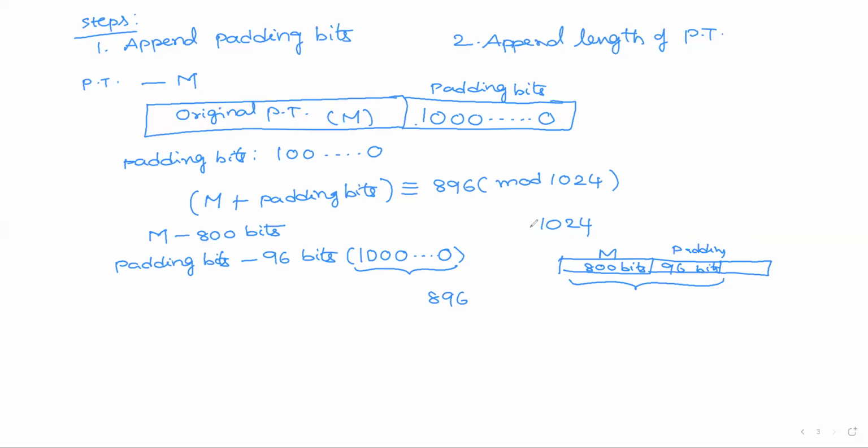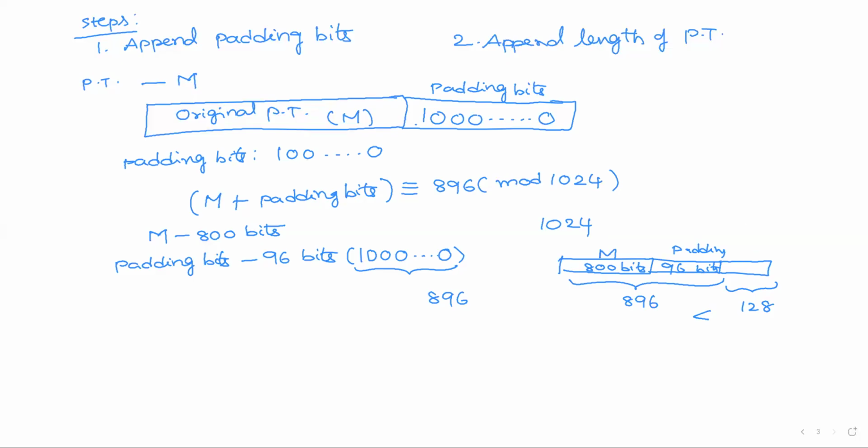But to get 1024 bits, we need 128 more bits. After appending padding bits, the block size is 128 bits less than the actual block size of 1024 bits. So in these 128 bits, what will we take?